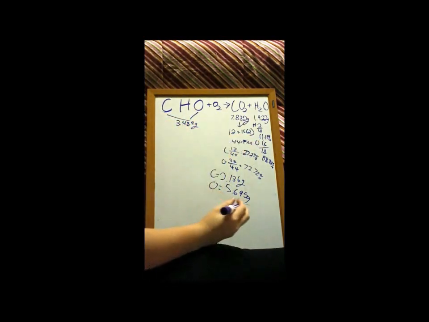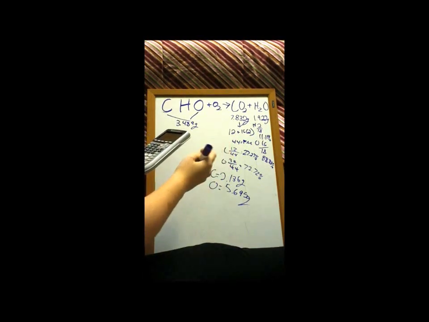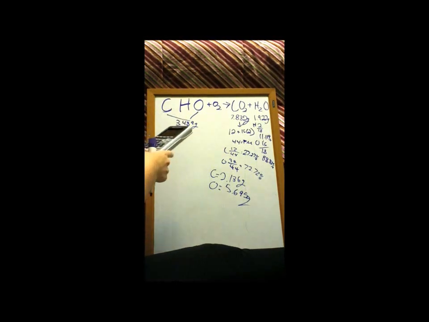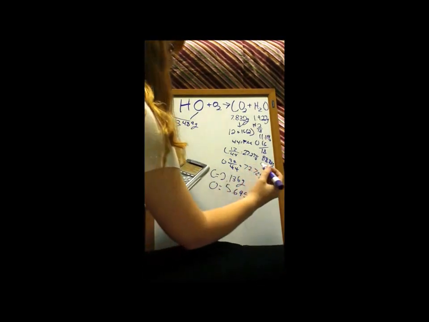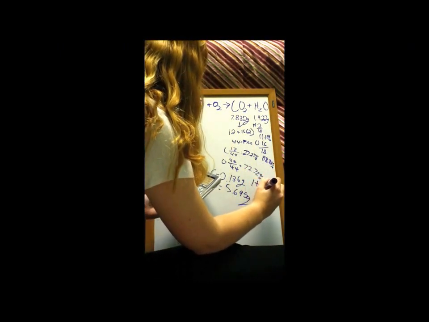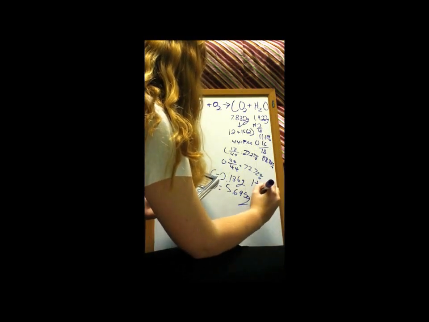Now we'll do the exact same on this side. Multiply 11.11% times 1.922, and so that will yield us 0.214 grams of hydrogen.